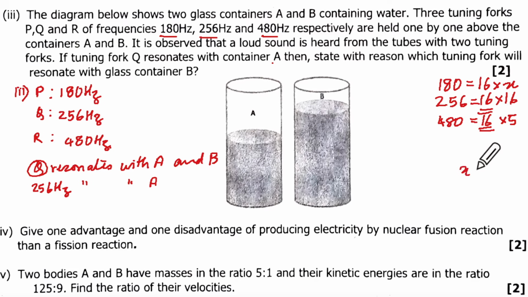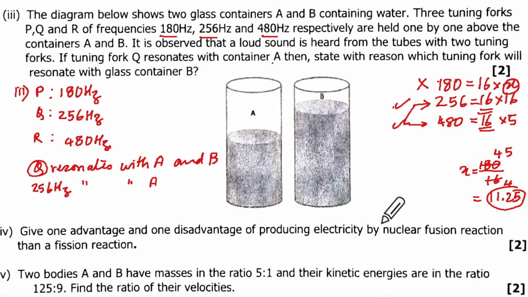Your x will be equal to 180 upon 16. So 4, 4 are 16, 4, 4 are 16 and 4 fives. So can you see it is 11.25. Is it a multiple of 16? 256 and 480 are multiples of 16. 180 is not.